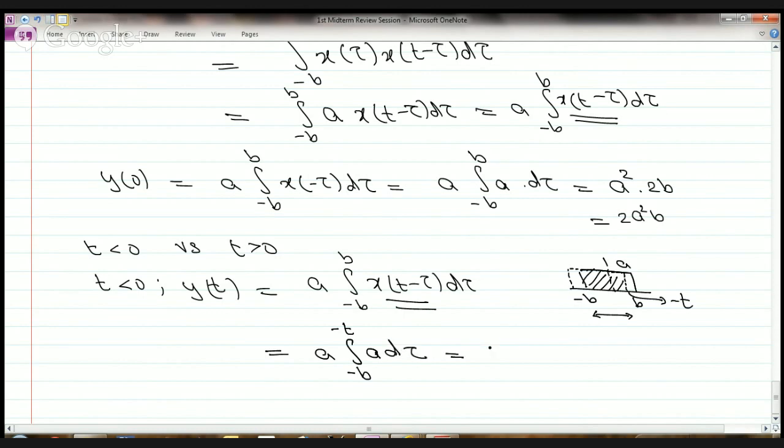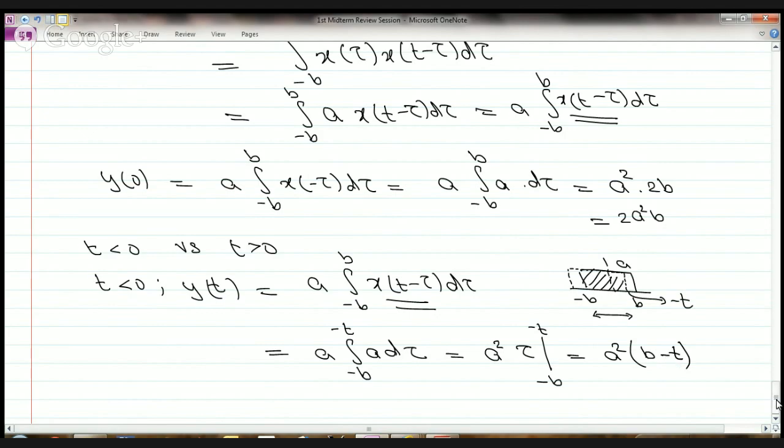So I get a squared times tau evaluated from minus b to minus t. And so that's a squared times minus t plus b, or b minus t. Okay. So that's your value for t less than 0. And similarly, you can do it for t greater than 0.